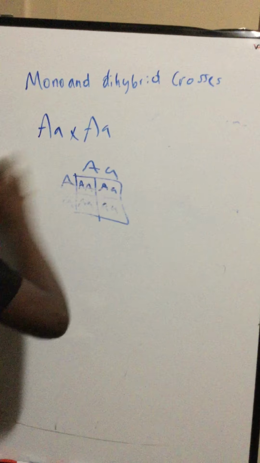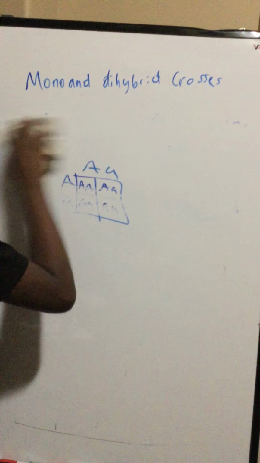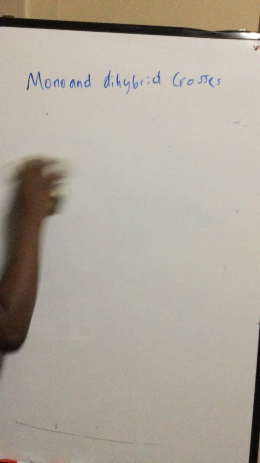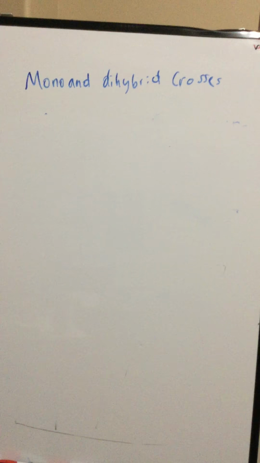Now let's look at the dihybrid cross. There are two ways to do a dihybrid cross. One, you make two monohybrid crosses, or another way, you just do the actual way. The first way is kind of a cheat code.